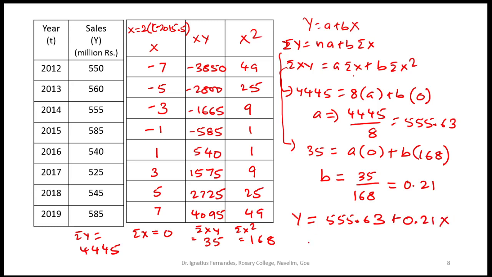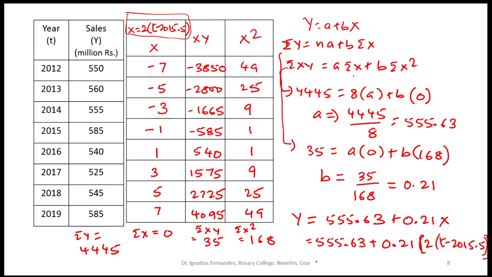In the original form, it will be 555.63 plus 0.21 into x. We have defined x as 2 into (t minus 2015.5).